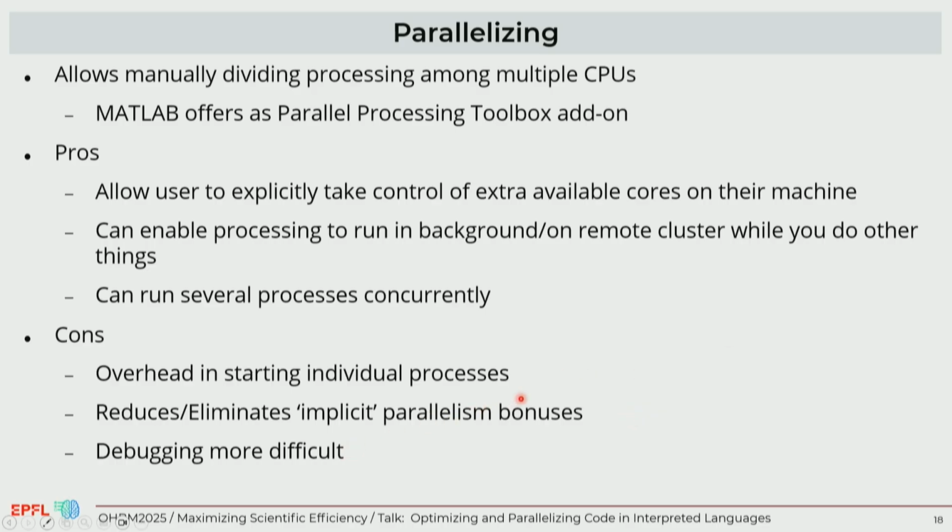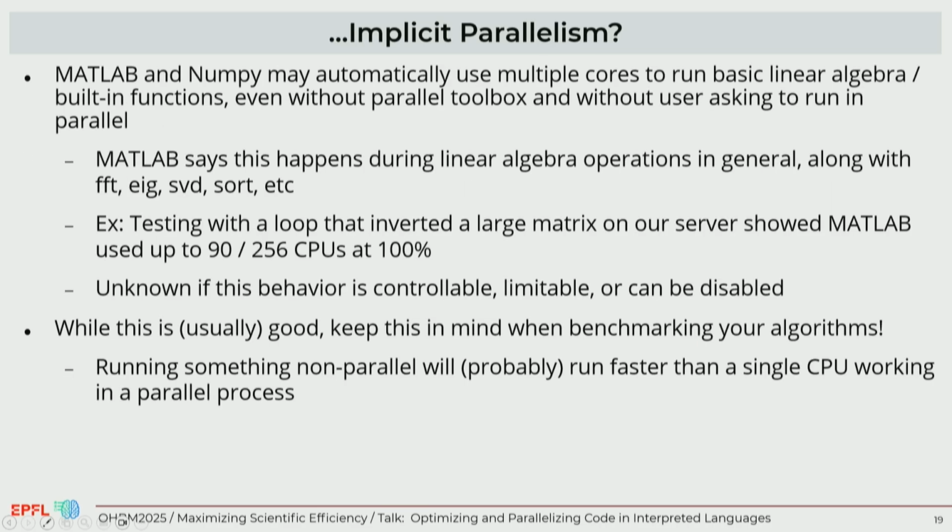The other drawback of parallelizing is that you lose this implicit parallelism bonus. I will talk about what that means on the next slide, because this is something I didn't expect, but I verified it does happen. Even if you don't explicitly tell your code to run on multiple cores of your machine, it will. In a test on our server with MATLAB, we have, I think, 256 CPUs available.